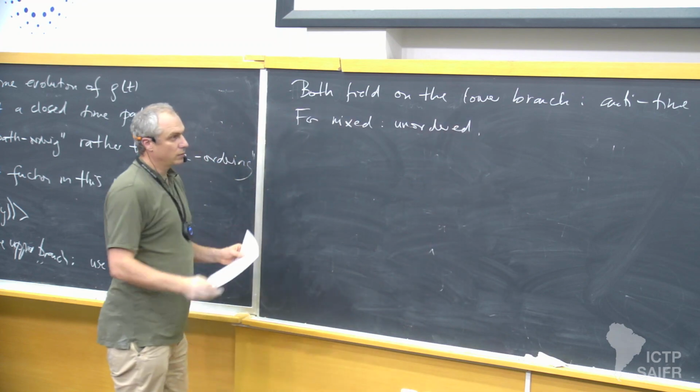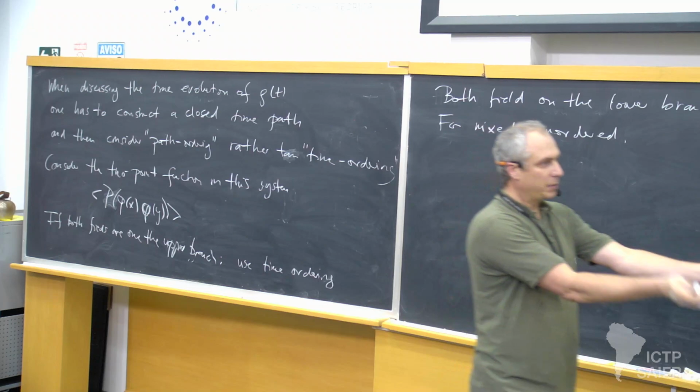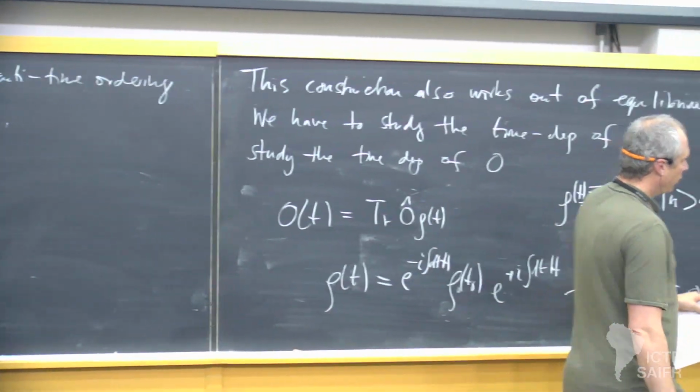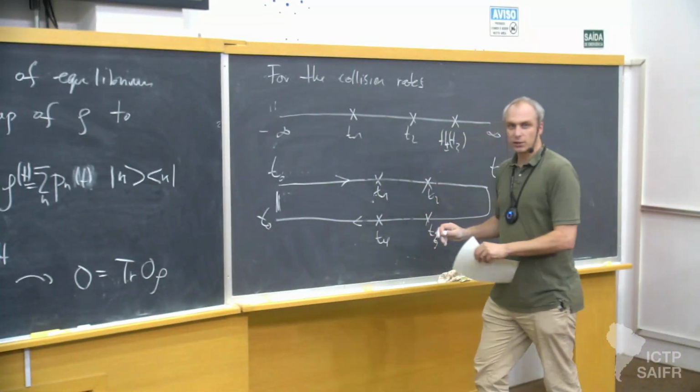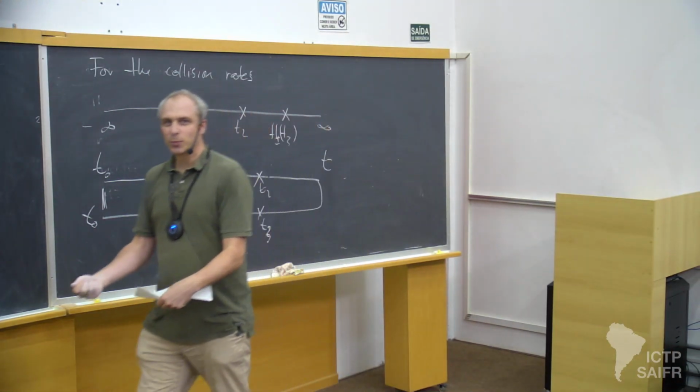Okay, so this seems to be utterly complicated, but actually there's a way of keeping track of all the structure, and that's by just introducing an additional 2x2 structure.